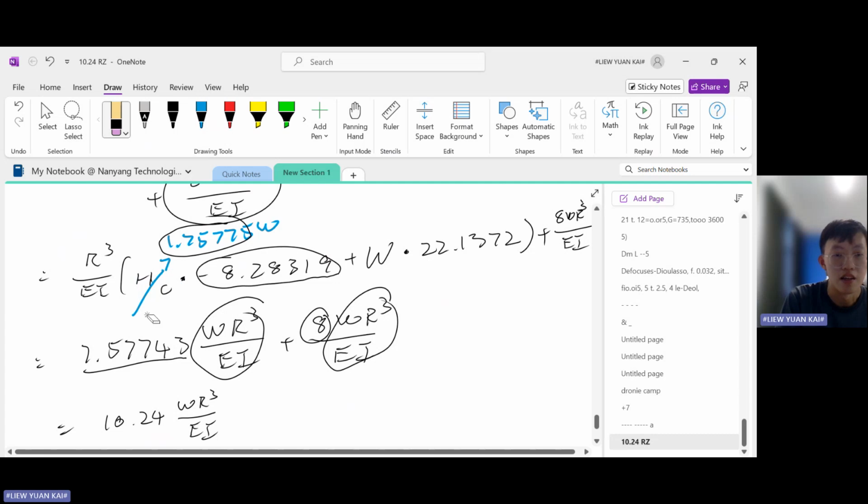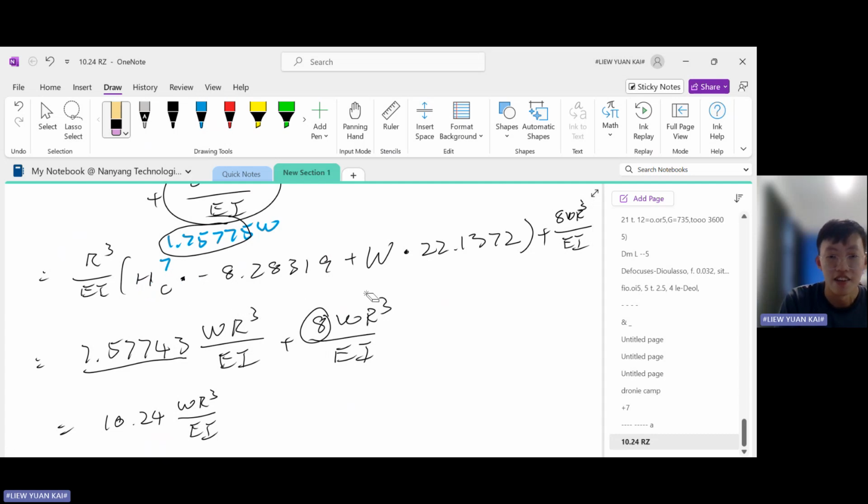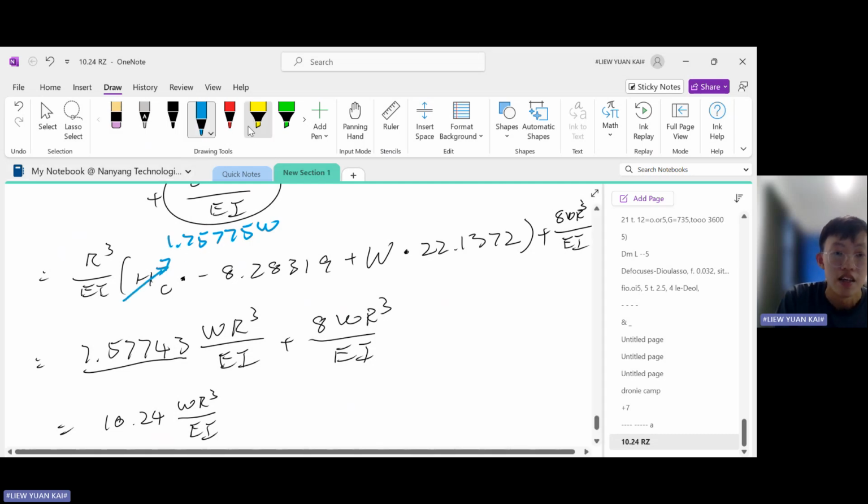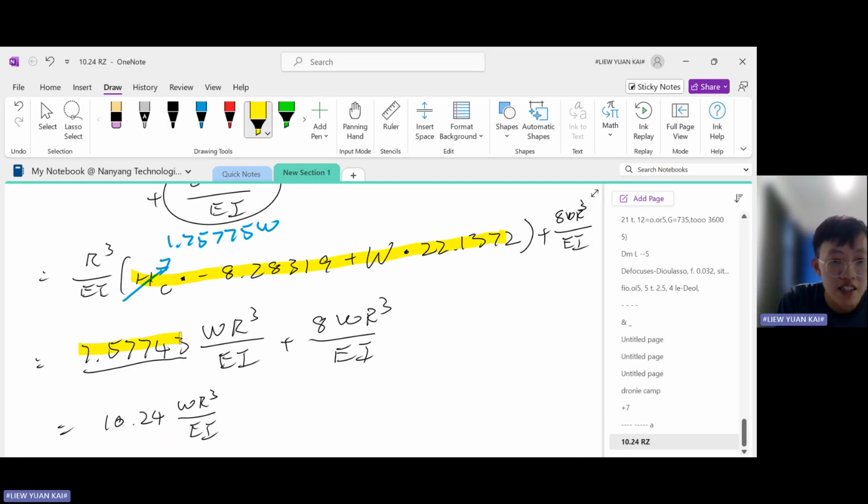Okay, so let me say which goes to where. I know it's a bit confusing. But this, when I simplify this, it will become this plus the w. Then this is just this.